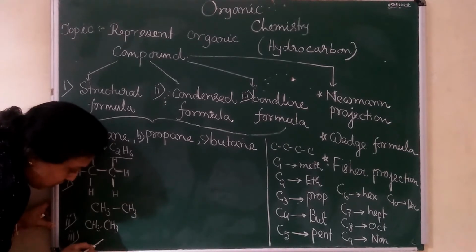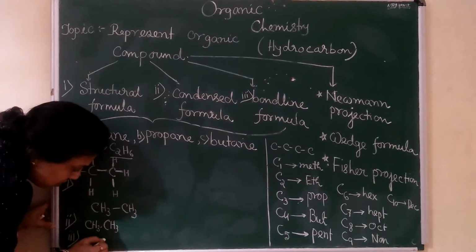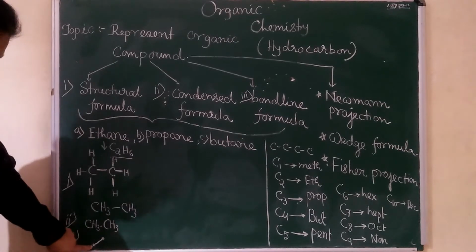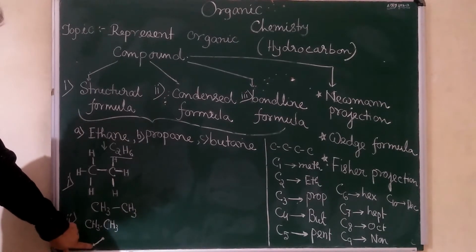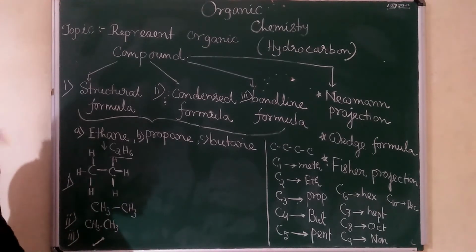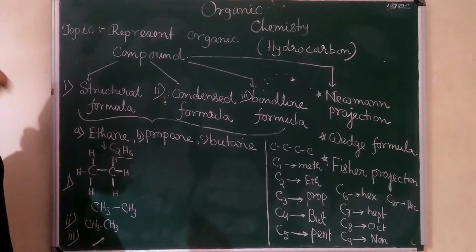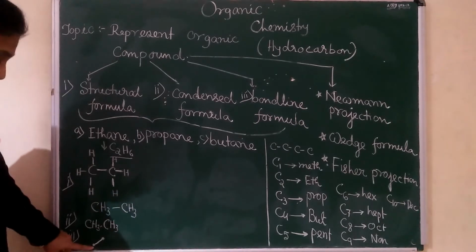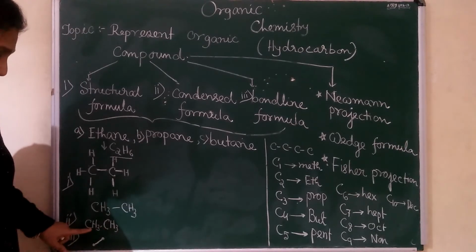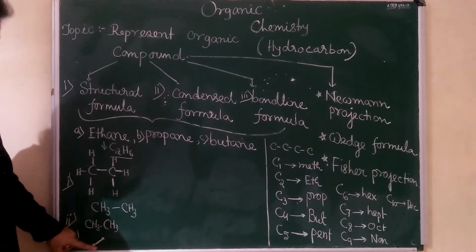Because this is 1 carbon, this is 1 carbon. So this is the representation of the bond line structure. Where I have given the dark point, that is 1 carbon, this is 1 carbon. If the chain has 10 carbon, you have to write it in such a way that it gives the 10 points which show carbon. Here there are only 2 carbon, so 2 sharp points are showing.